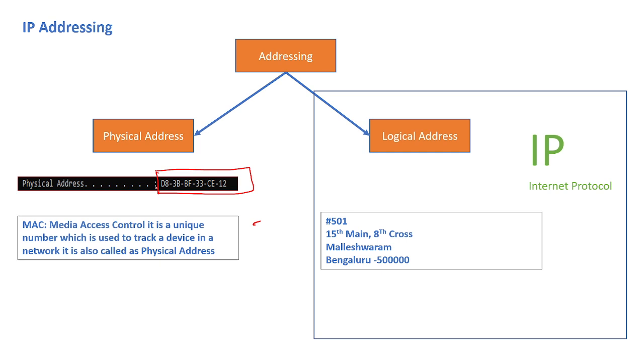When I look at one problem, maybe I think in a different way to resolve it, or when you look at it, you may have an easier way to resolve it. So that logic is always relative; it varies from person to person. That is called a logical address. The logical address is the internet protocol address, and it varies from network to network.